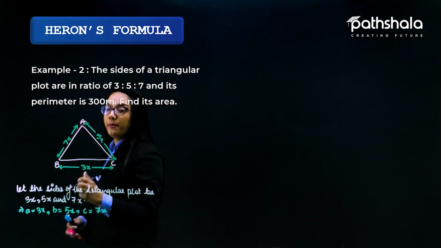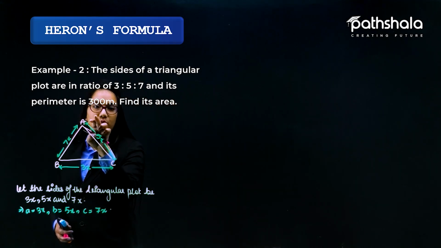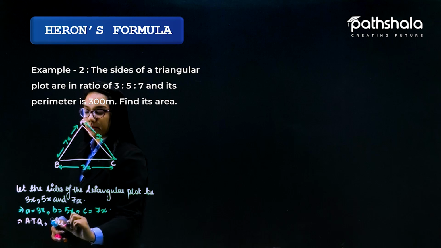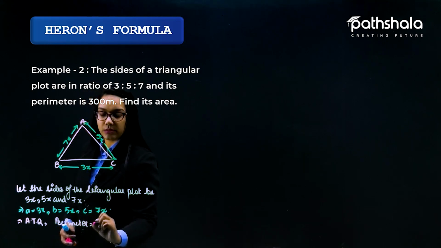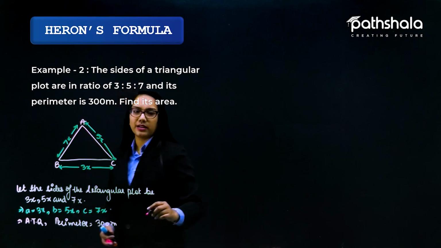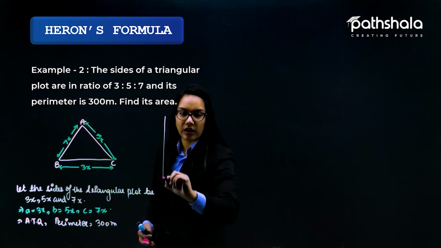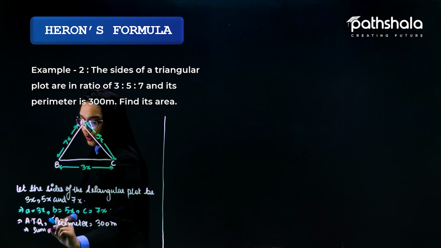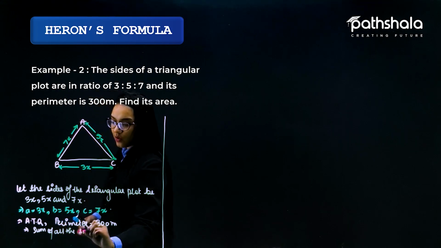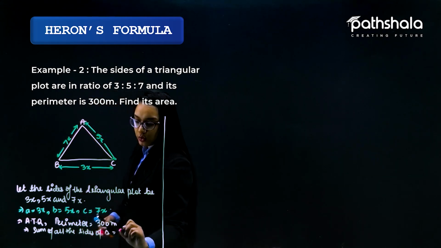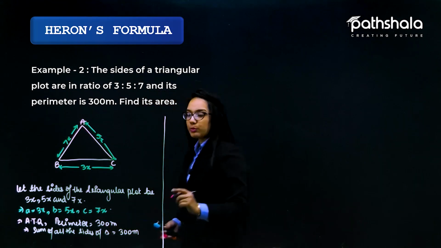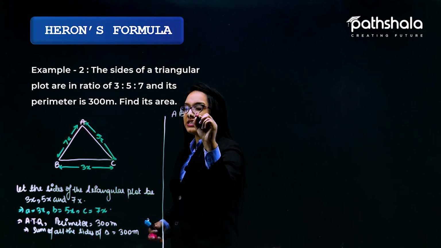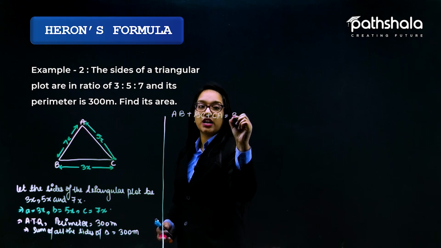The perimeter is given as 300 meters, and the perimeter is the sum of all the sides of a triangle. So AB plus BC plus CA is 300.